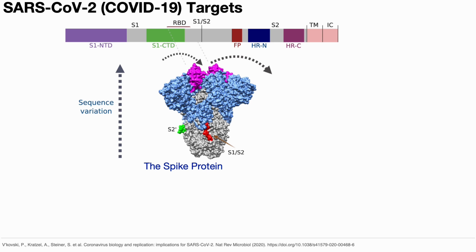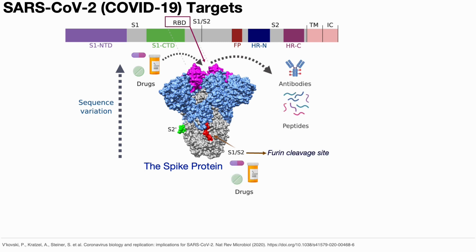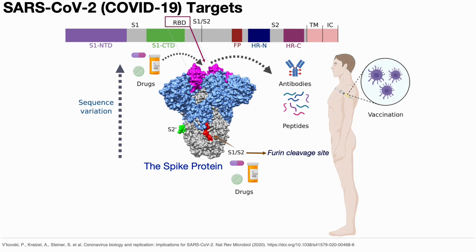Using this RBD region and other regions in the spike protein, we can work on developing drugs against COVID-19, and antibodies and peptides for viral prophylaxis and vaccination.